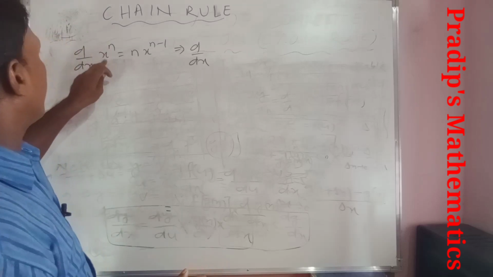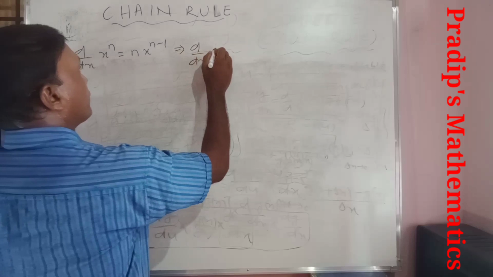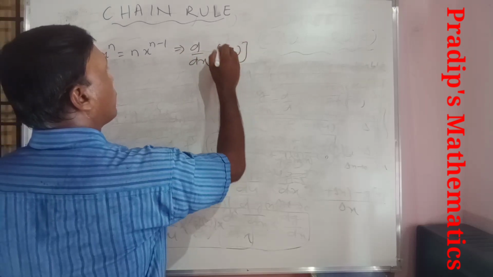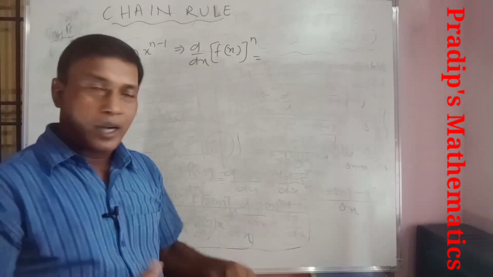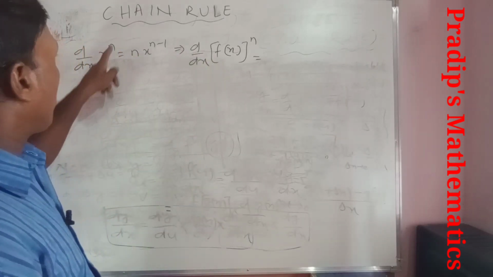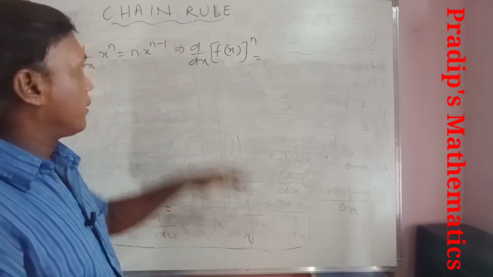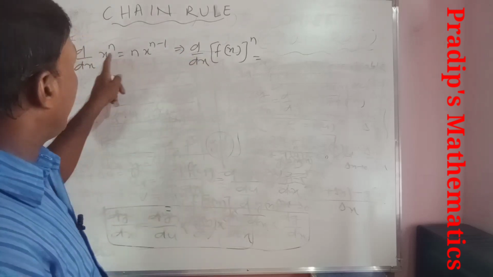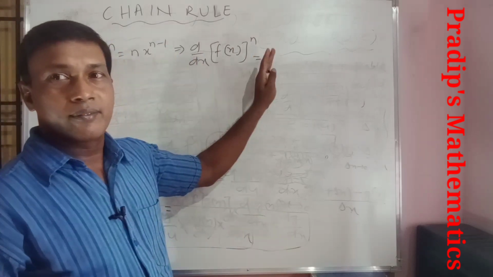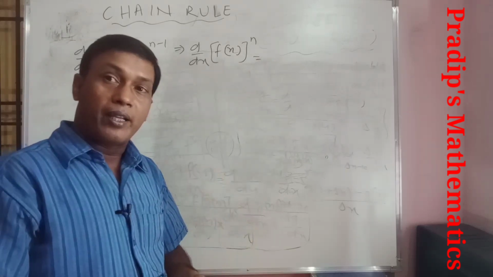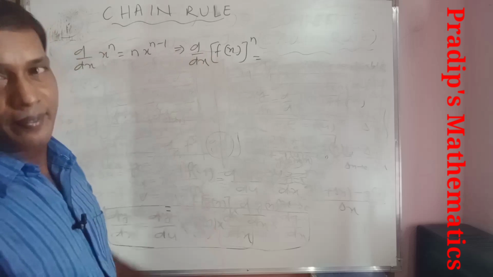Suppose there is no x, and this is f of x whole to the power n. Here you have to apply chain rule. How? If the derivative of x to the power n is n into x to the power n minus 1, then the chain rule is: if x is replaced by another function, apply that formula and multiply by the derivative of that function which is replaced by x.